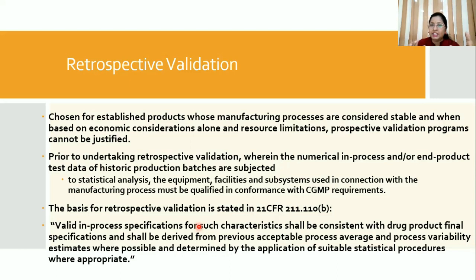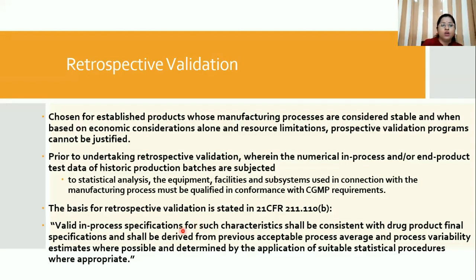At that time the selection is very different, and we cannot call it a historic batch. But somebody who already has the product in the market and has produced more than crores of units, then 20 batches, where a single batch might be 10 lakh tablets or 1 lakh tablets or anything. Likewise, generally in retrospective validation, they select 20 to 50 batches.